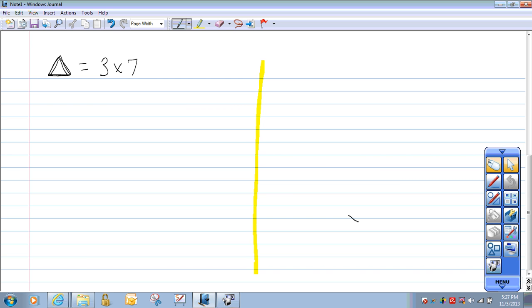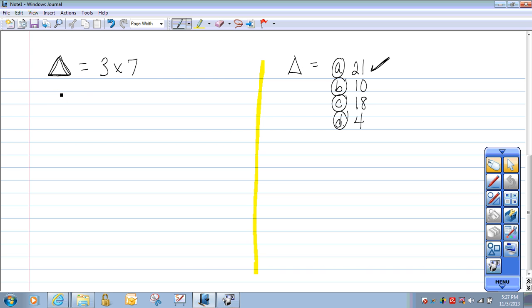Is this triangle equal to A, 21, B, 10, C, 18, or D, 4? Most of us can identify quickly that is a math fact, and 3 times 7 is 21.